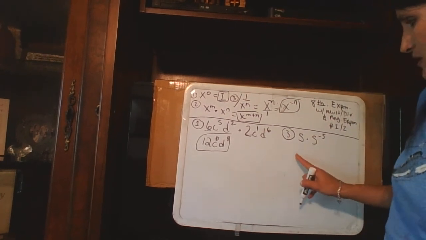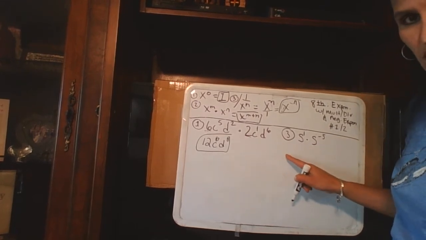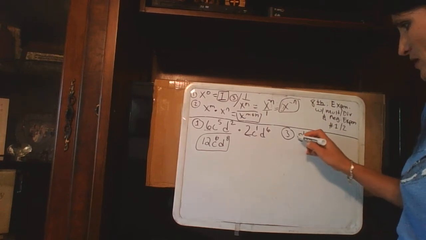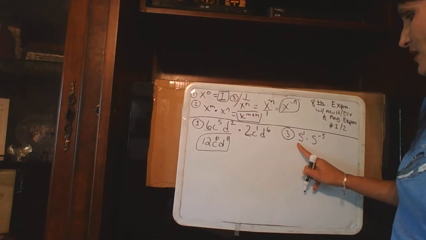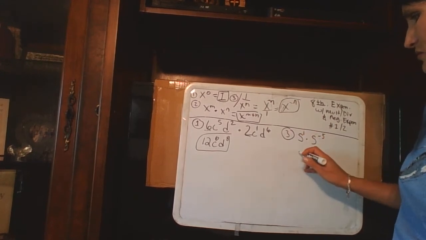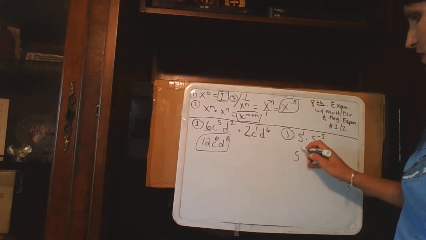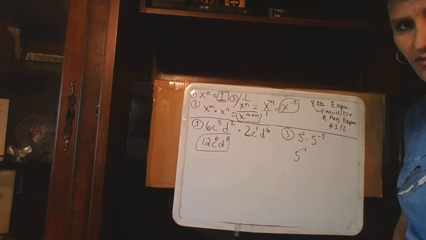So the way you want to start is put a 1, just like we did over here. Then we multiply any coefficients. In this case, there's a 1 and a 1, so 1 times 1 would be 1. We don't need to put that. And the third step would be to add the exponents. So we would say s, 1 minus 5 is minus 4. But wait, minus 4 is a negative number.